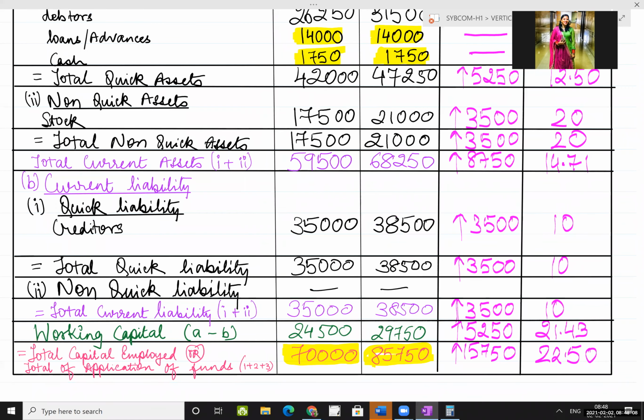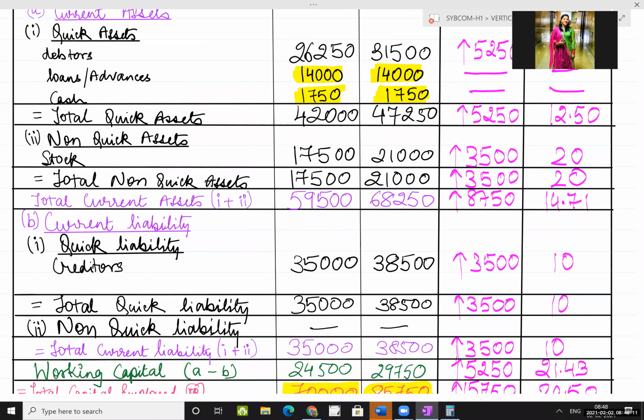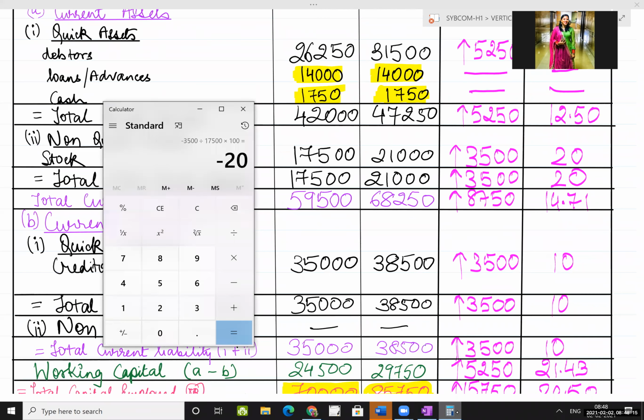Then current assets is what? Quick plus non-quick. Okay, quick asset कितना है? 42,000. Non-quick कितना है? 17,500. So my current asset is 59,500. Okay, next, 47,250 quick asset plus 21,000 non-quick, 68,250.